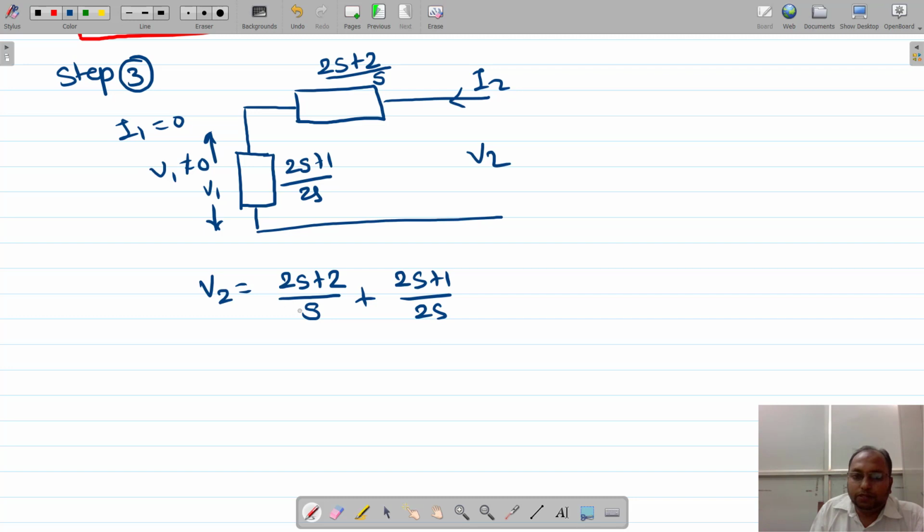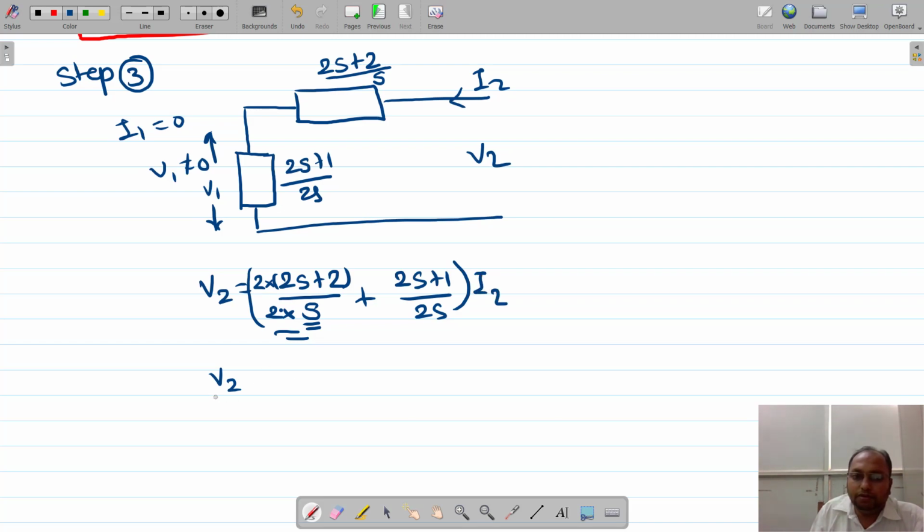Over here only the 2 is not there. By multiplying by 2s in the numerator and denominator, I can make these two denominators common. So let us multiply and divide by 2, so that we can make the common denominator, right? Sorry, this is multiplied with I2.